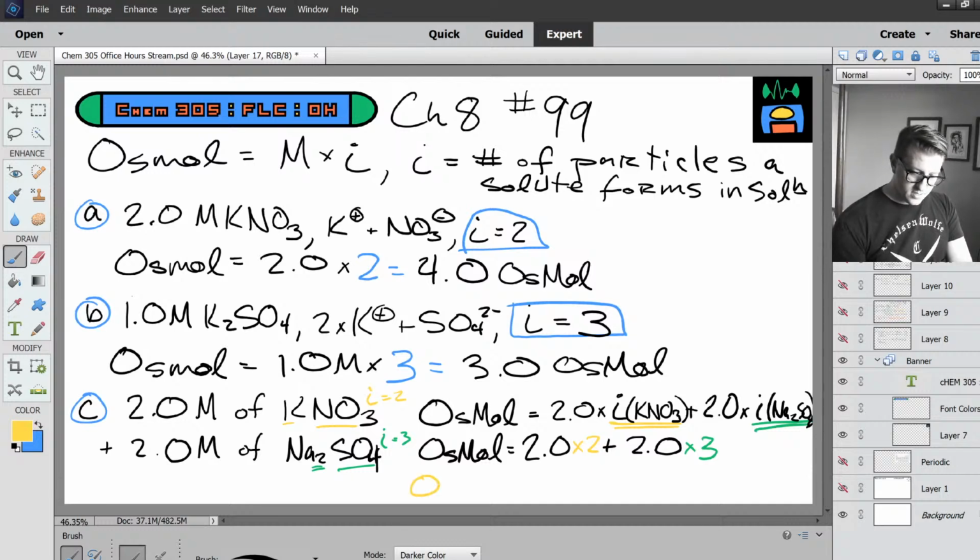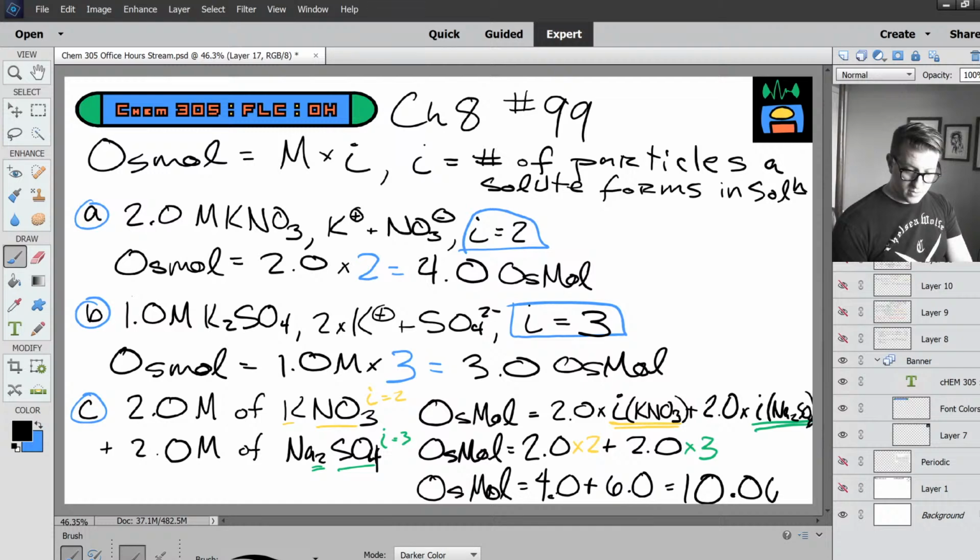So our osmolarity will be 4.0 plus 6.0. So this solution would have an osmolarity of 10.0.